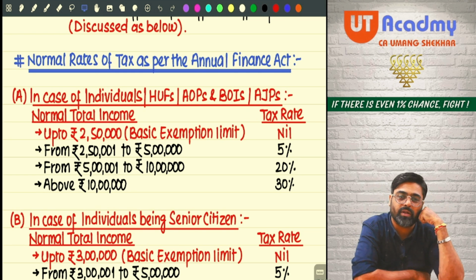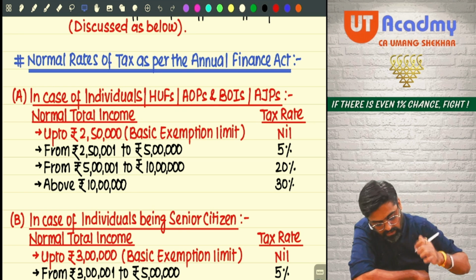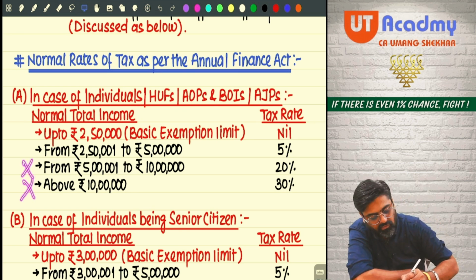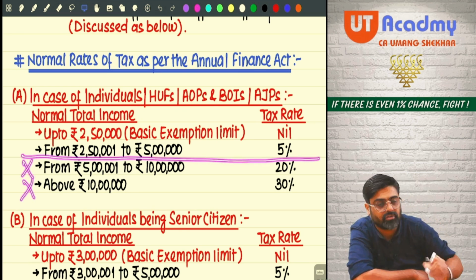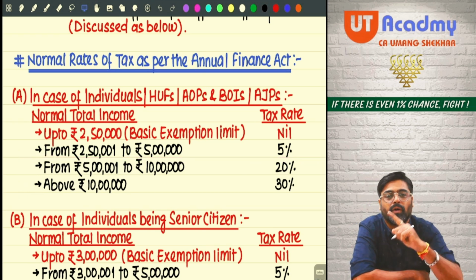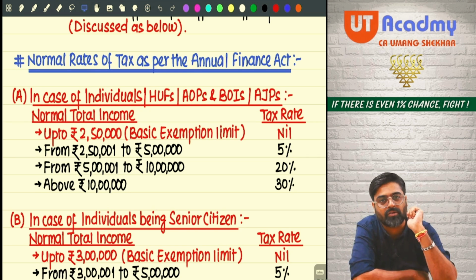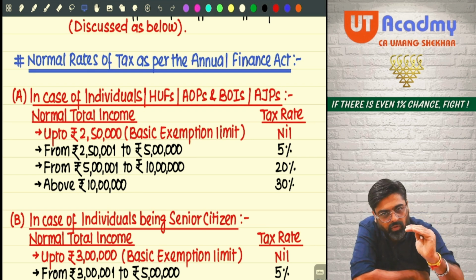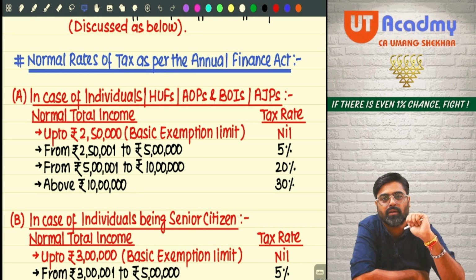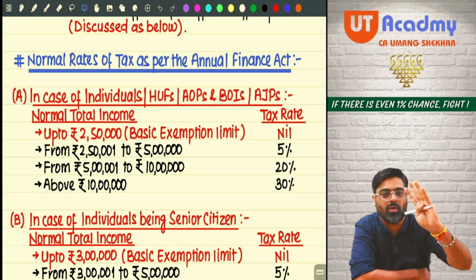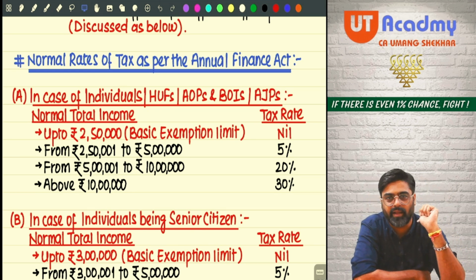Sir, what if my total income is 4,80,000, sir? Even this slab will not come, this slab will not come. You will calculate till this slab only. On first 2,50,000, will you pay any tax? No. Then 2,50,000 to 5 lakh, whatever income is there, you are supposed to pay 5%. So are you earning till 5 lakh or you are stopping at 480 only? 480. So 2 lakh 50 to 4 lakh 80, giving you 2 lakh 30,000.